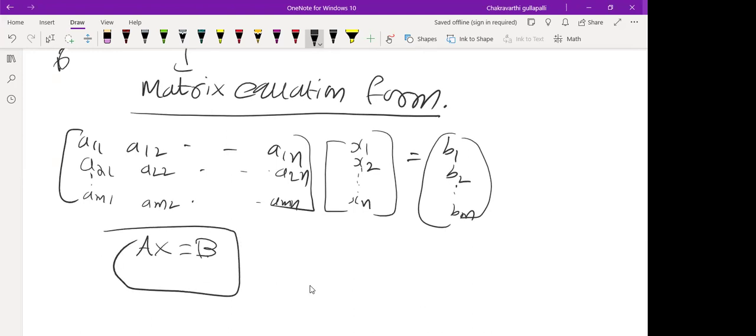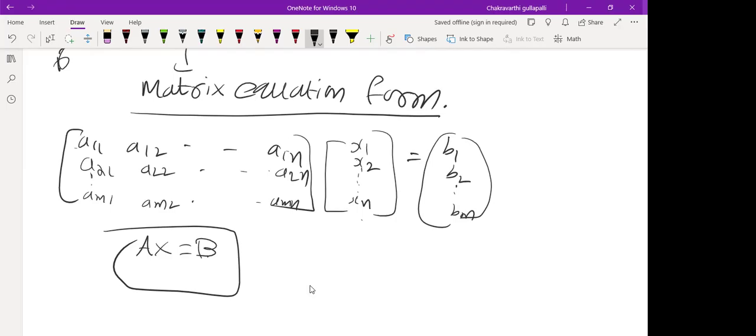So we have reduced the linear system to matrix equation form, because when you multiply and simplify, you will get back the above. How will you multiply? First row: a11 x1 plus a12 x2 plus a1n xn. Second row: a21 x1 plus a22 x2 plus a2n xn. The m-th row: am1 x1 plus am2 x2 plus amn xn.